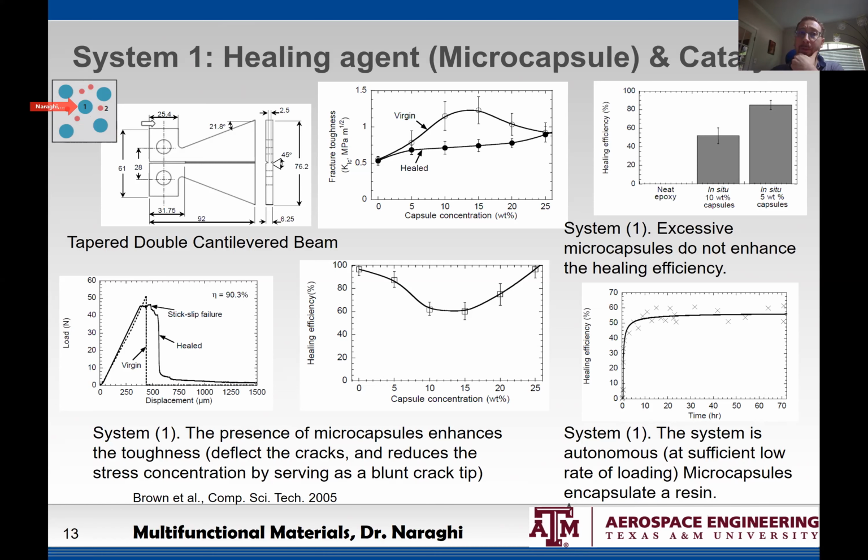Now, I want to use this system to explain a concept that applies equally to all types of self-healing. The experiment they did is this: they measured fracture toughness, or based on critical energy release rate from these experiments, and there's a very easy relationship between fracture toughness and critical energy release rate, which is basically GC is Kc squared divided by the elastic modulus.